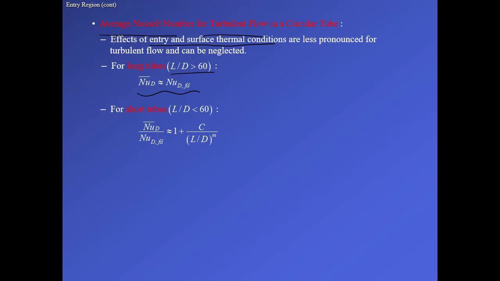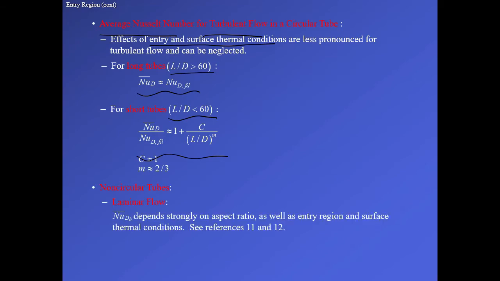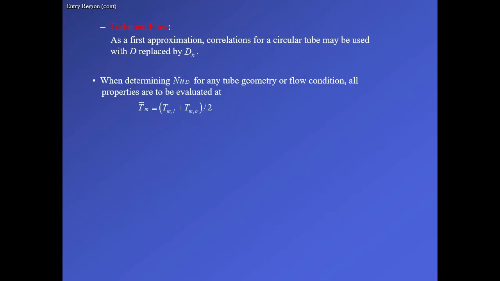For short tubes where this ratio is less than 60, you have to use this correlation. And for non-circular tubes, for laminar and turbulent situations, you will have to refer to the corresponding correlations.